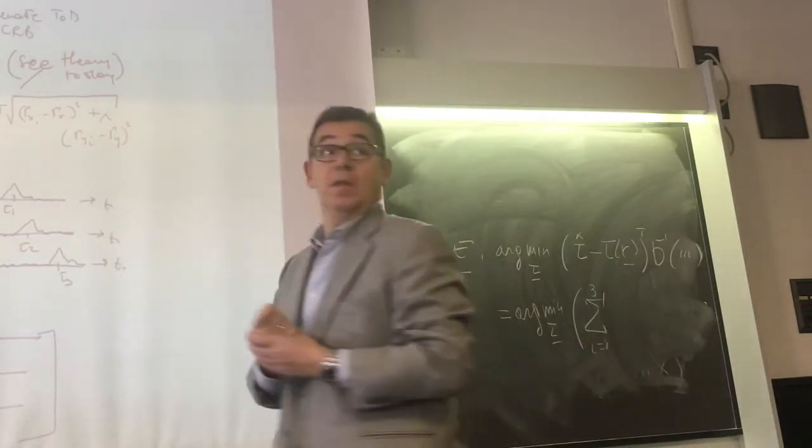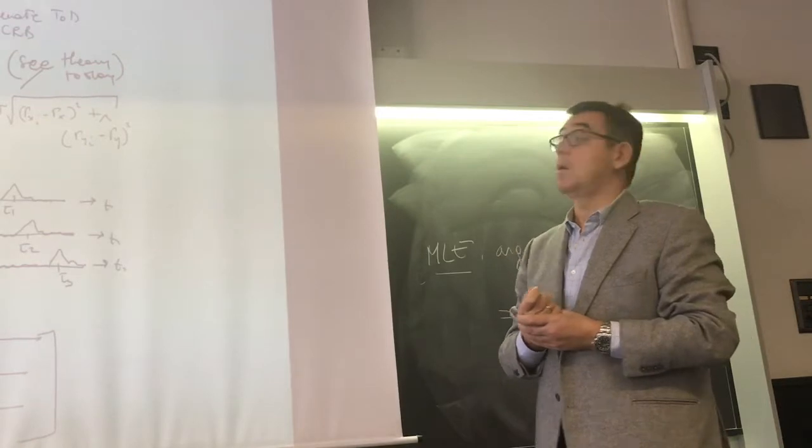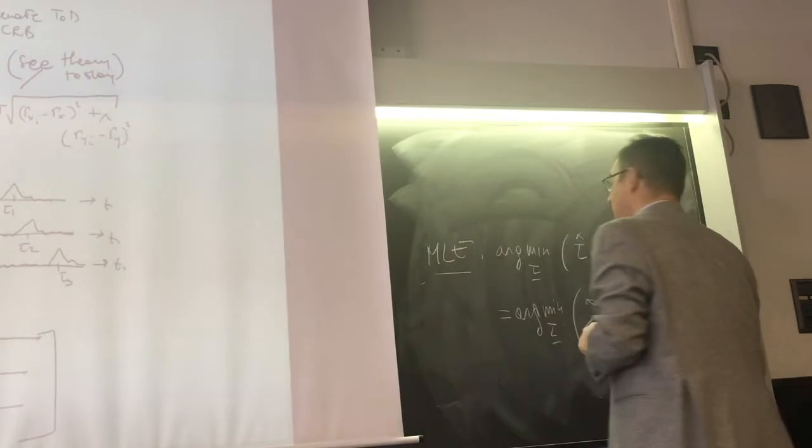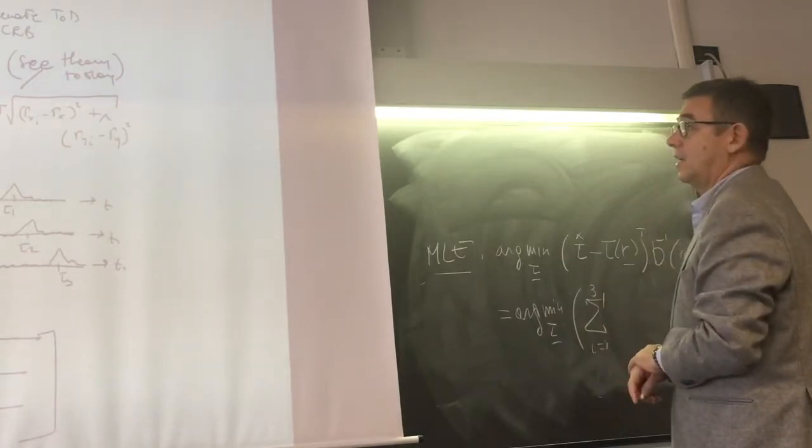Sorry? But isn't that 1 over v instead of v times again? Oh, you have the 1 over v, right? But it doesn't matter here because it's scaling.